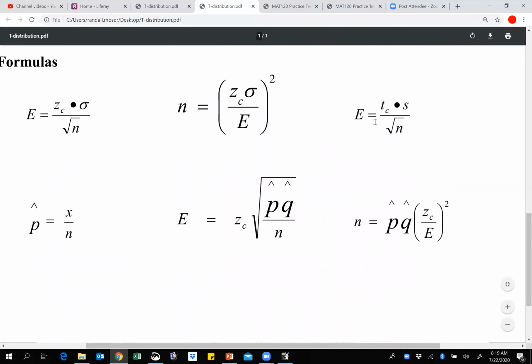The formula for the margin of error in that case is nearly identical to what it was for the ZCritical. You still have a standard deviation. In this case, it's S instead of sigma, but it's still the standard deviation. We still divide by the square root of the sample size, but the only difference is that instead of using the ZCritical, like we did over here, we're going to be using the t-critical score that we got either from the inverse t or from the t table.